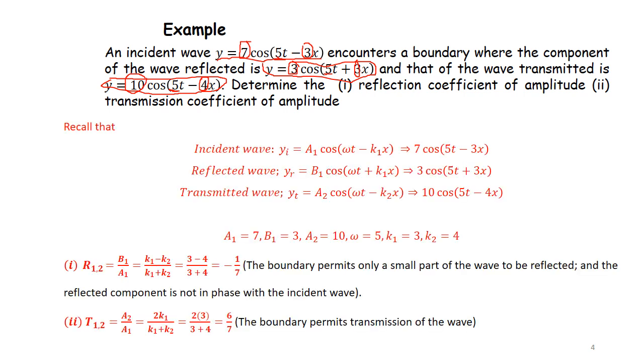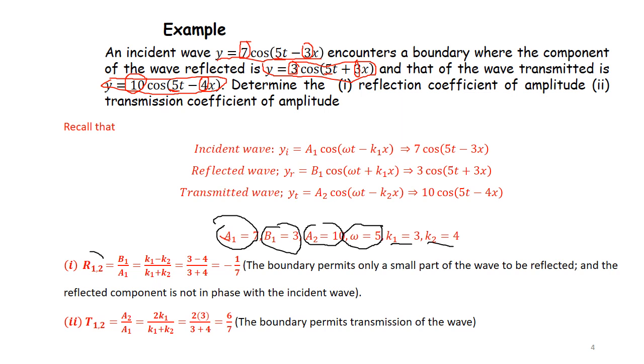There is a consistent frequency throughout both media, and the wave number differs in each medium. So if you use the formula, you obtain it.